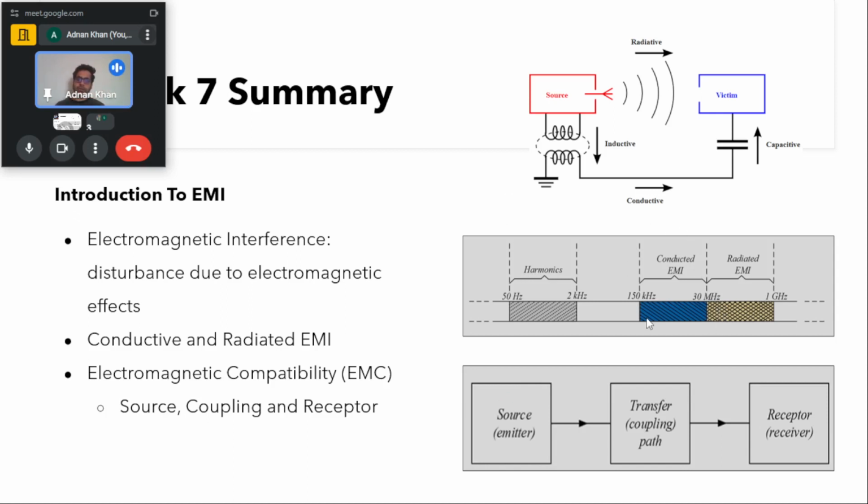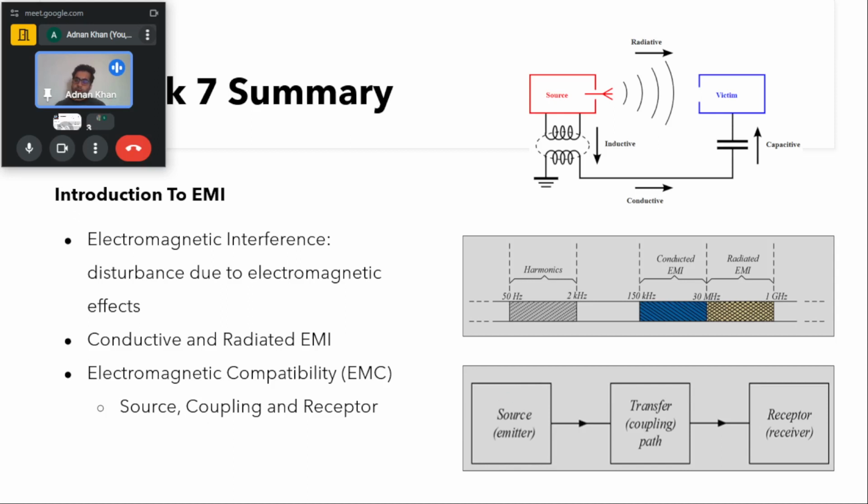This conducted EMI usually lies in the range of 150 kilohertz to 30 megahertz. These are flexible boundaries, not the actual ones.